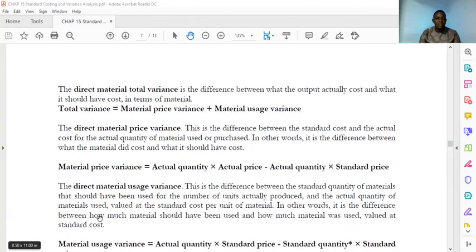So this is how we determine material price variance. Material price variance is the actual quantity at the actual price, minus actual quantity times standard price.